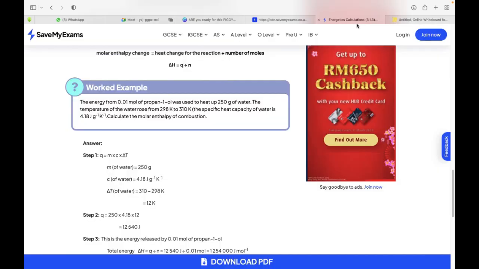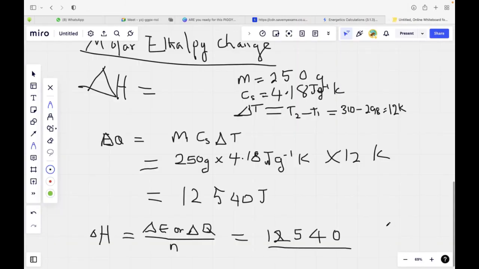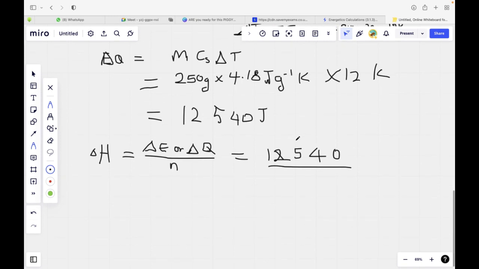Remember the number of moles in the reaction is 0.01 mole. So we divide 12,540 joules by 0.01 mole. Can we divide quickly?